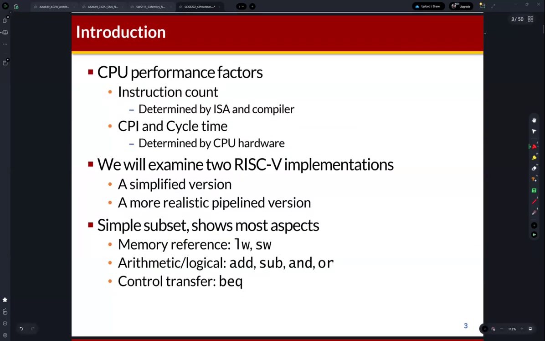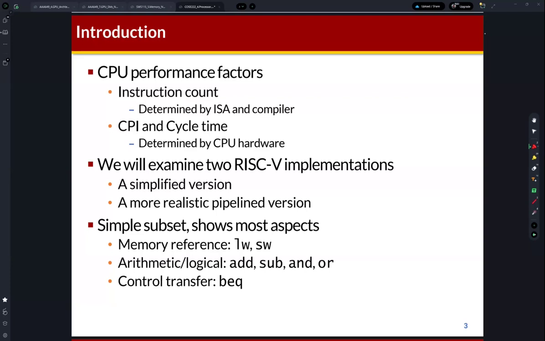In the introductory class, I mentioned that everyone wants to use a good computer. A good computer system means a faster computer, so the performance is high and the cost is low. These are the goals of the hardware design.